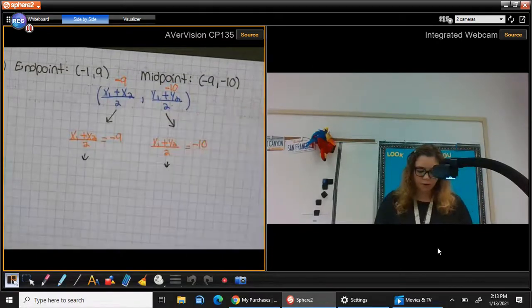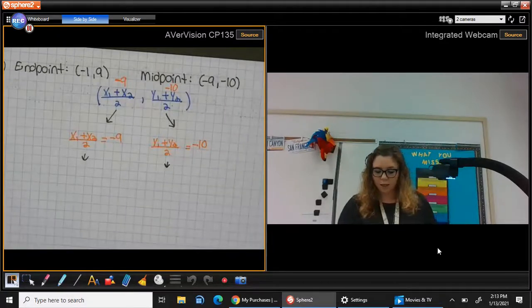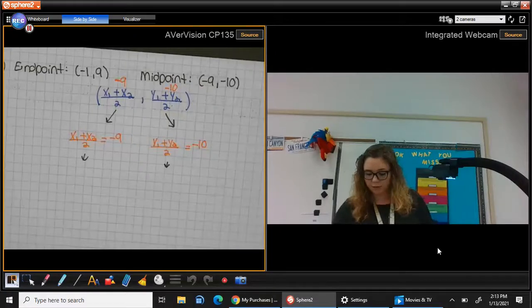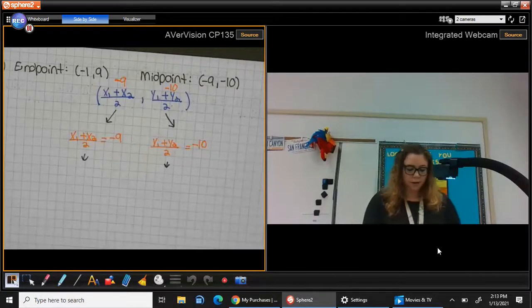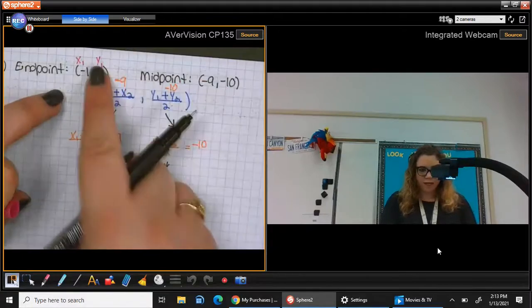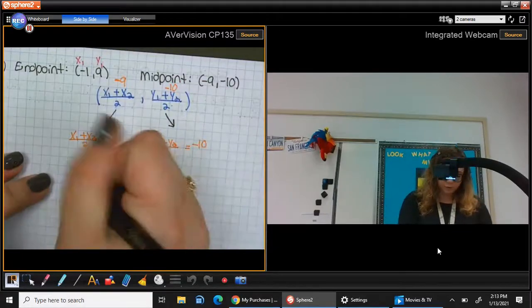Then from here, I'm going to plug in the values of the given endpoint that they gave us. So this is x1, this is y1. I'm going to plug that into this equation.